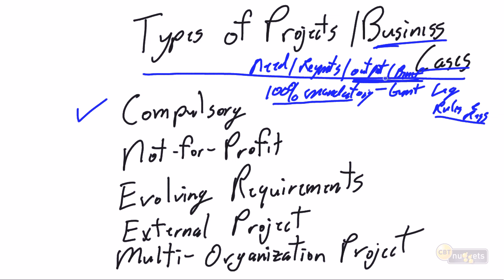So simply because it's a compulsory project, don't get into the mindset of, I don't need to do a business case because it's going to be approved. Yes, it's going to be approved, but we still need to understand that critical statement of what the output is, what the outcome is going to be, and what the benefit statement is going to be so that we can better craft the project.